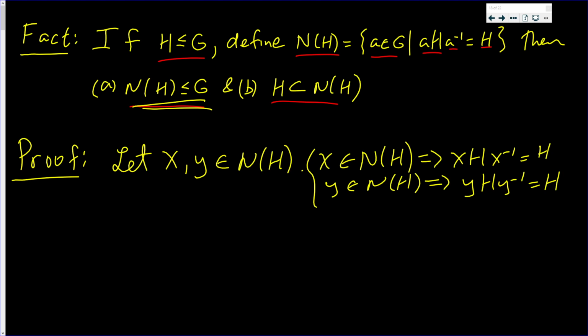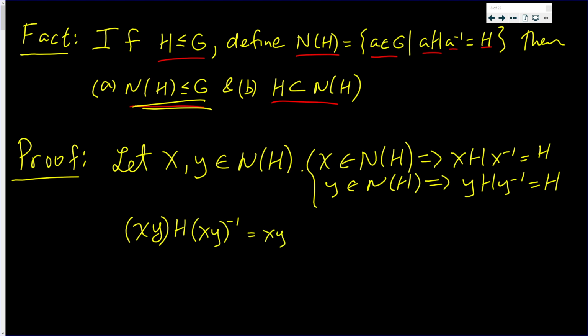So now I want to show that XY is in there. So let us compute XY times H times (XY) inverse, and we want to see if we get H or not. First thing I'm going to deal with is that inverse.